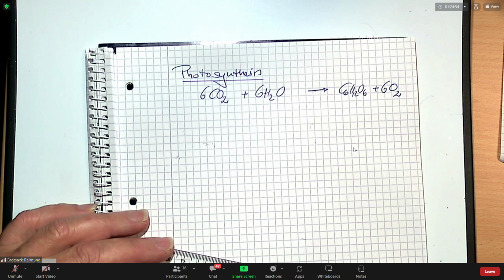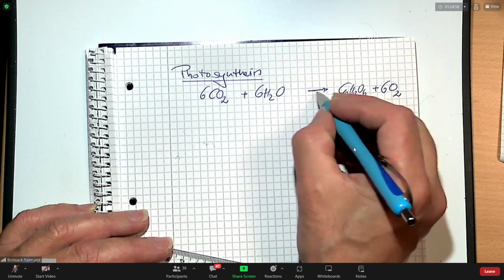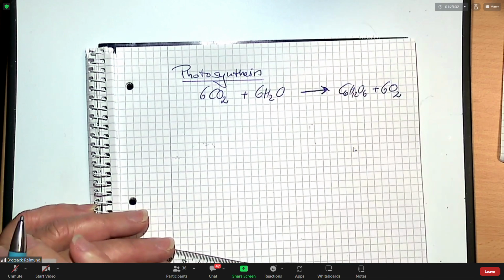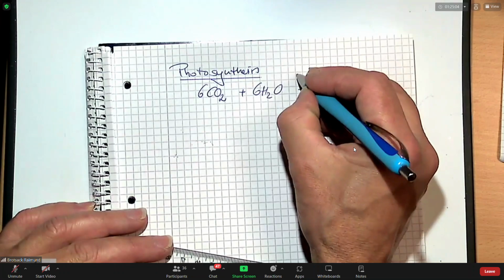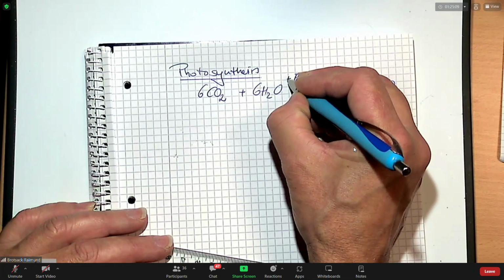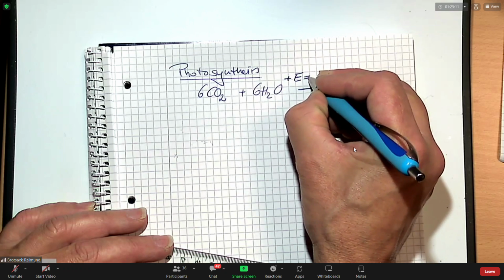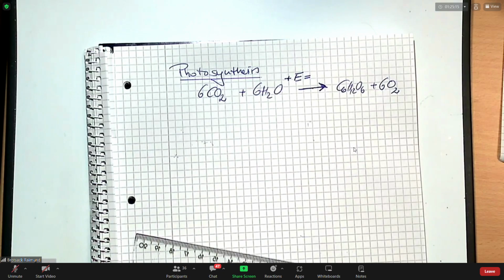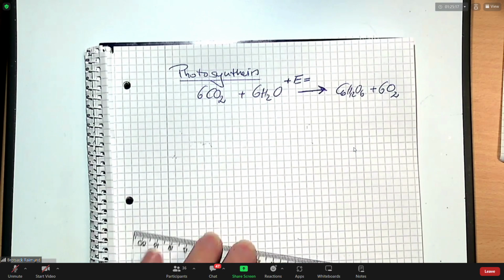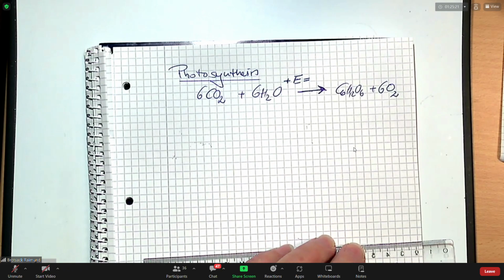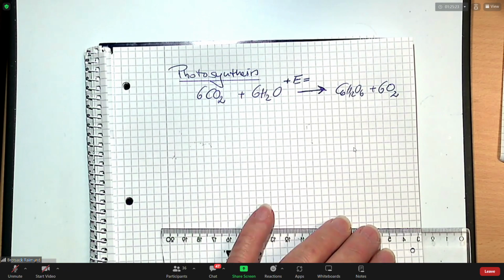Is it exothermal or endothermal? It's endothermal. So this direction needs energy. The energy comes from the sun, plus energy, and the energy is light. And maybe you know the formula for the energy of light. How can we calculate the energy of light, of electromagnetic waves?